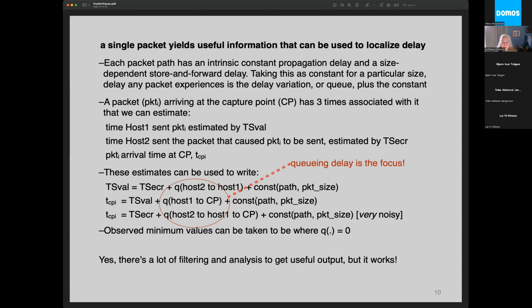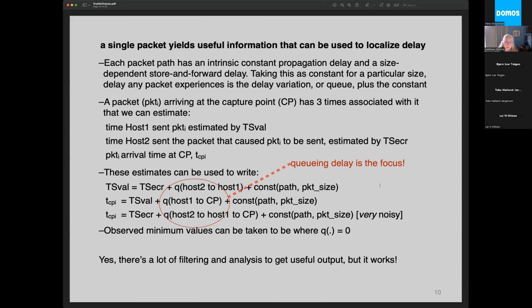If we can back out that constant, now we can see the queuing delay. Then we look for observed minimum values, and we figure that's where the queuing delay is 0. This sounds like a lot of hand waving, and it's really noisy, but I've worked with this and it works.